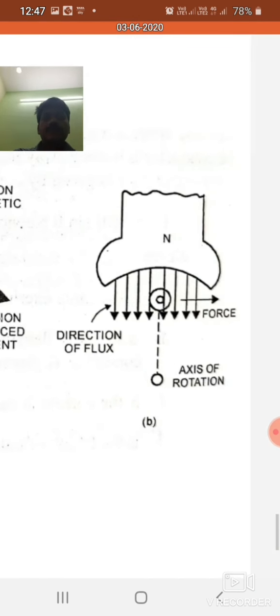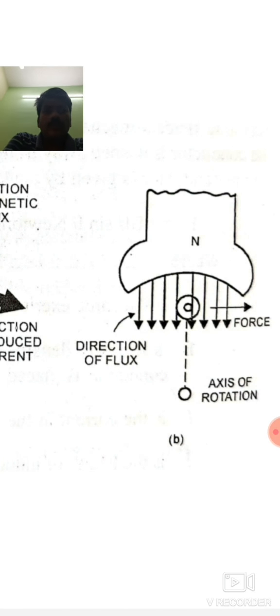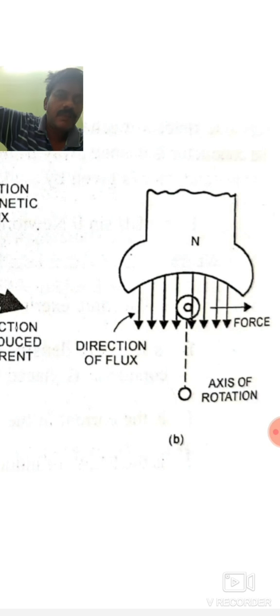Suppose let us consider this one. This is the North Pole, and the dot represents current entering.